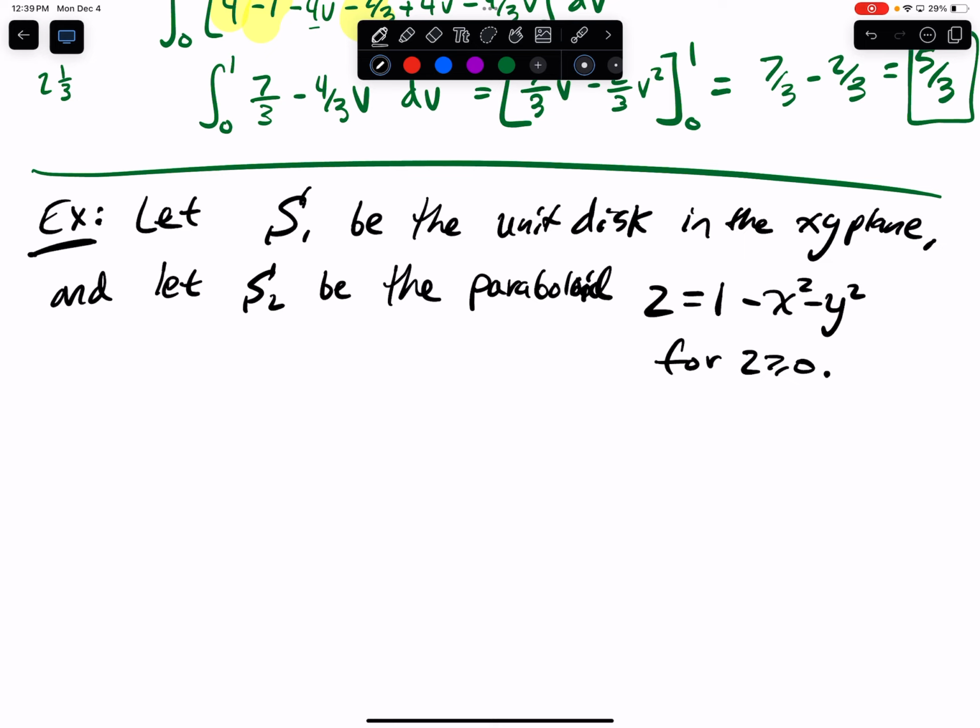So what does this look like in 3 dimensions? Right here, we've got the unit circle on the XY plane, right? And the paraboloid.